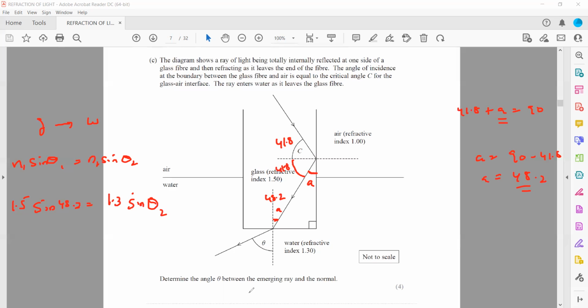So we simplify: 1.5 sine 48.2 divided by 1.3 equals sine theta 2, and we take the sine inverse of this to get theta of the emergent ray, which comes out as 59.3 degrees. That is theta 2, the angle at which the ray emerges out from the optical fiber or the glass into water.